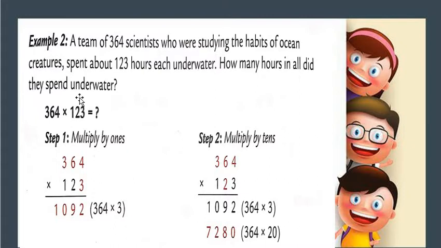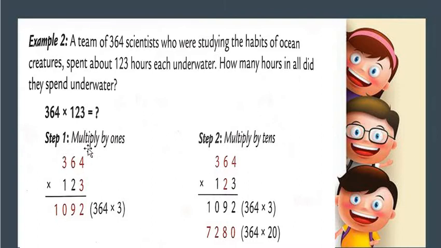Got my point, all students? Here are both numbers, 364 multiplied by 123. Understood? So here do step 1 and then after do step 2.